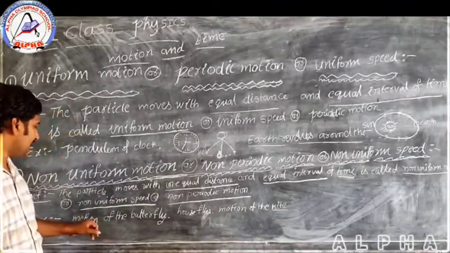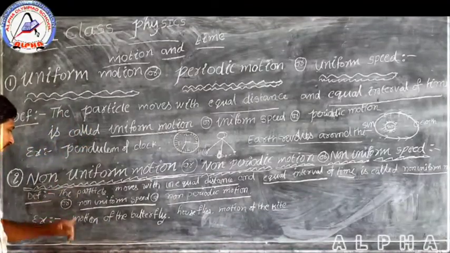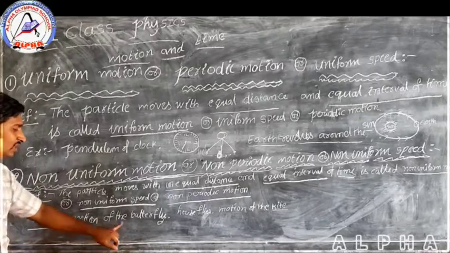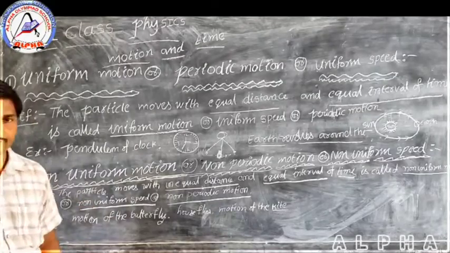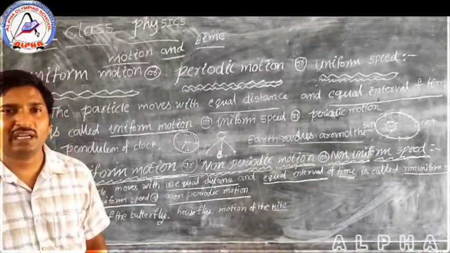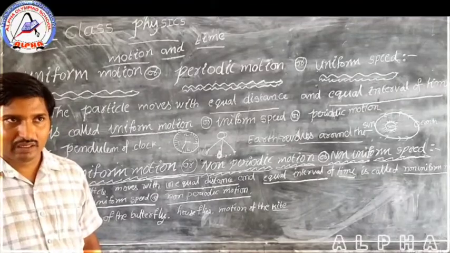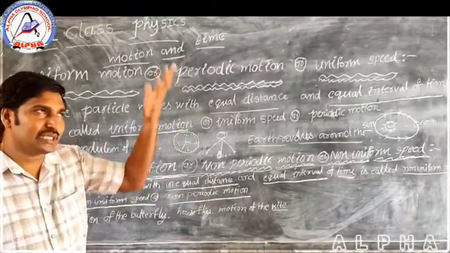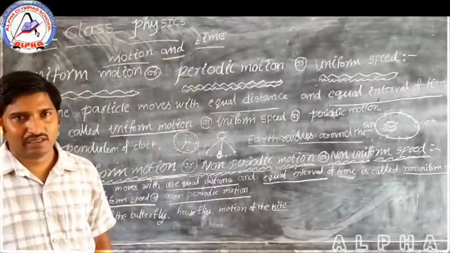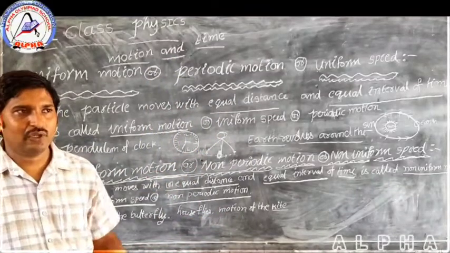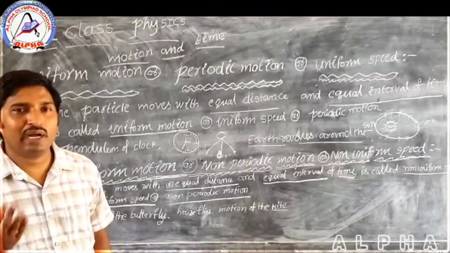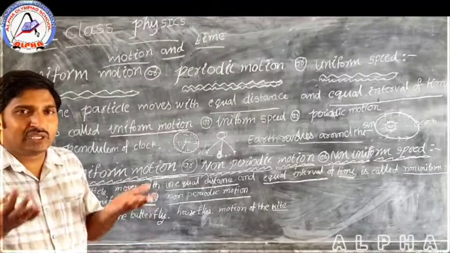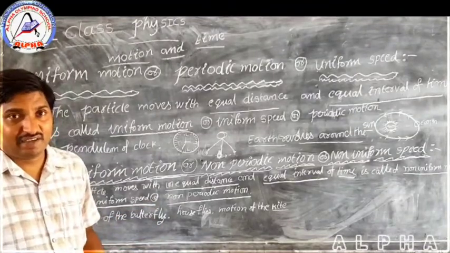Here, an example of non-uniform motion is the motion of a butterfly. The butterfly moves around the surface of the earth, in the atmosphere. What we observe is that the motion of the butterfly is different each time.